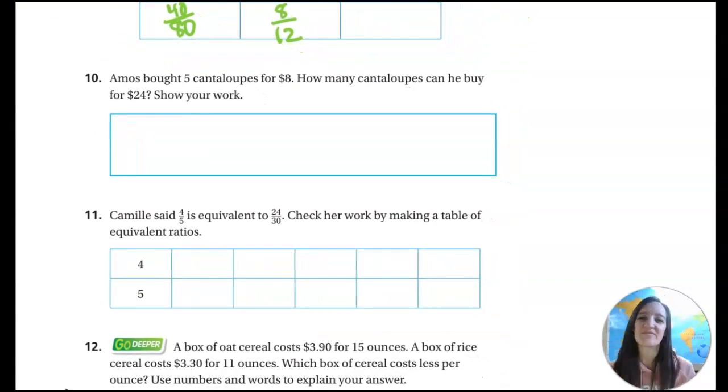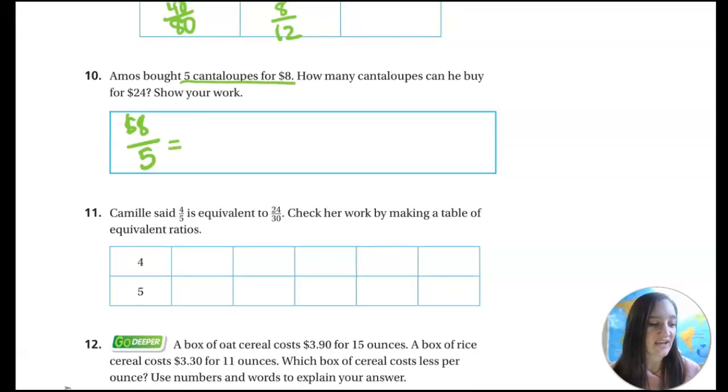Amos bought 5 cantaloupe for $8. How many cantaloupe can you buy for $24? Ooh, I can tell that this is equivalent ratios. I'm going to put the money on top. So there's the 5 cantaloupes for $8. And we're still talking about cantaloupes. That's why we can make them equal. If I want to know how much I can buy for $24, I'm going to first see if I can find a relationship, which I can.